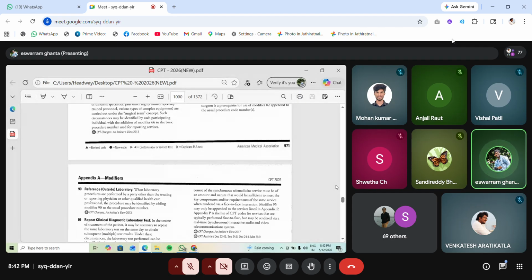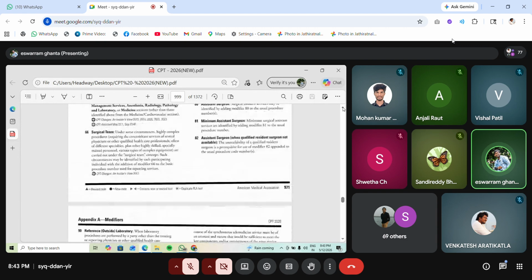For that scenario, we give the 74 modifier, meaning the surgery is discontinued after giving the anesthesia. Before giving the anesthesia, if surgery gets cancelled, we can append the 73 modifier. Okay, can I move on to another modifier?